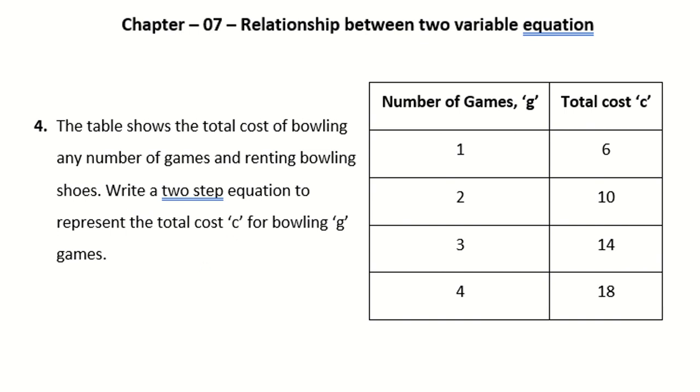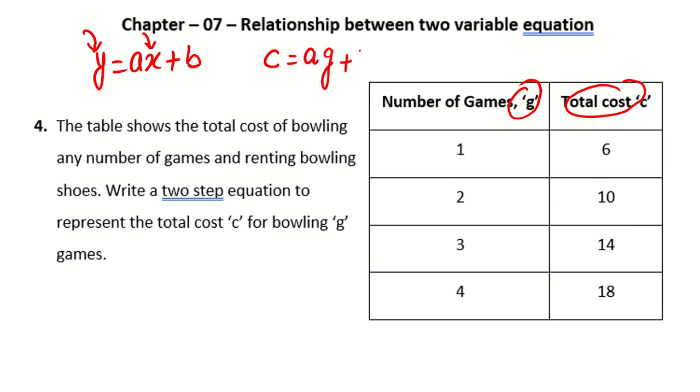Now, students, remember one thing, that there is a simple relation between two variables, y is equal to ax plus b. In place of y you can use any variable, in place of x you can use any variable. For example, in place of y here it is C, in place of x here it is G. So what will be the relation in this case? C is equal to a times G plus b.